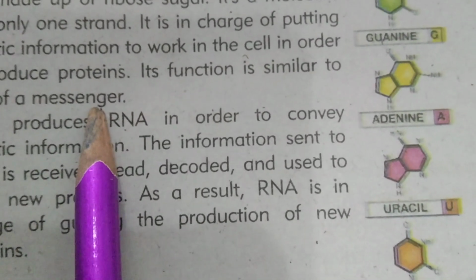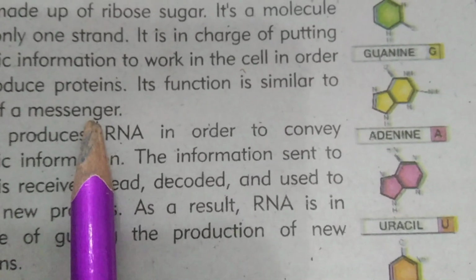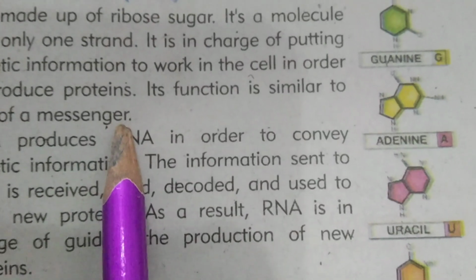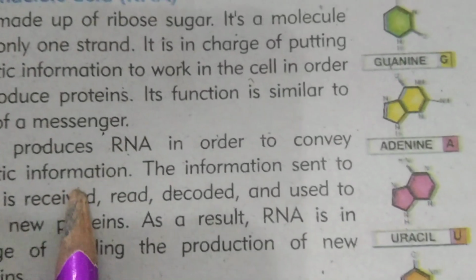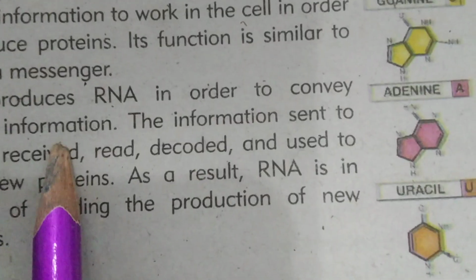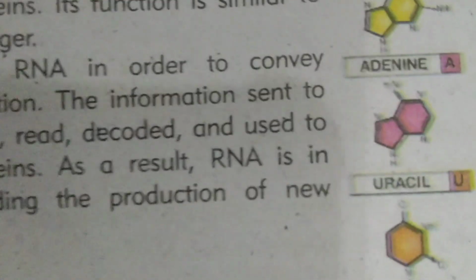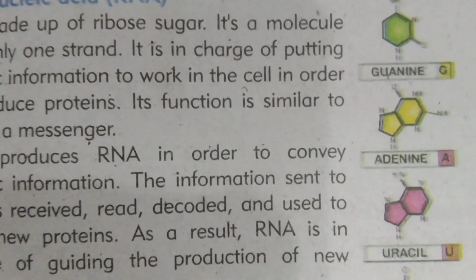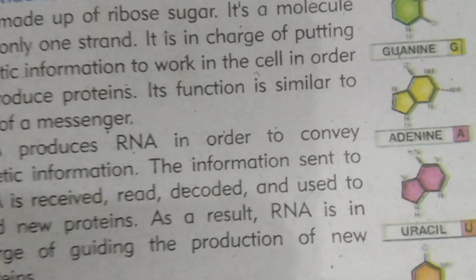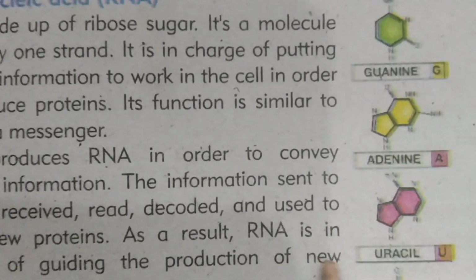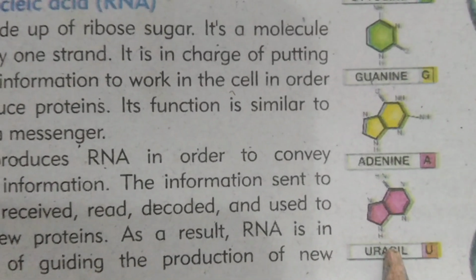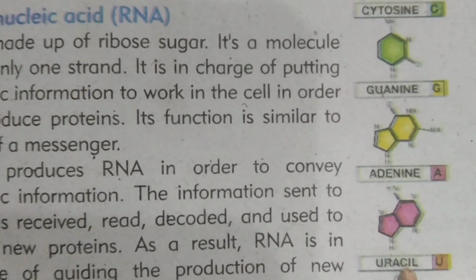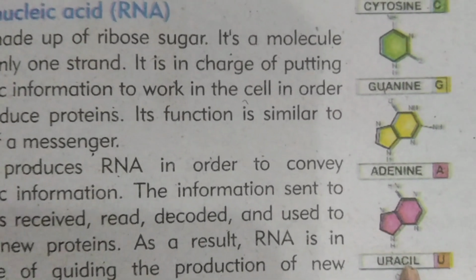You can say it is the messenger of the DNA which conveys these messages, and it guides the production of new proteins. One thing you will see in it is uracil, which is not present in DNA. DNA has thymine, but here uracil is present in the RNA.